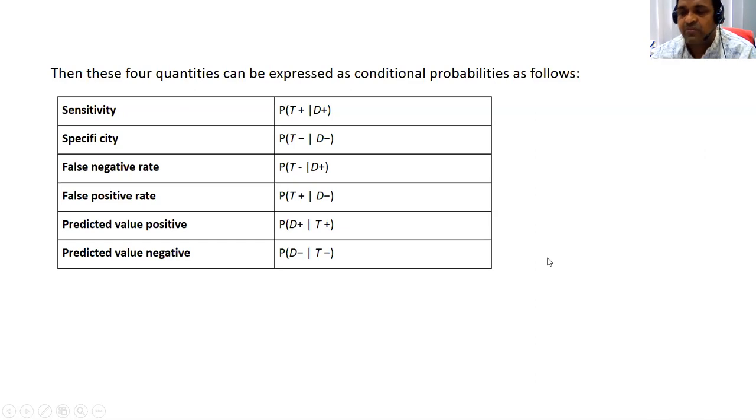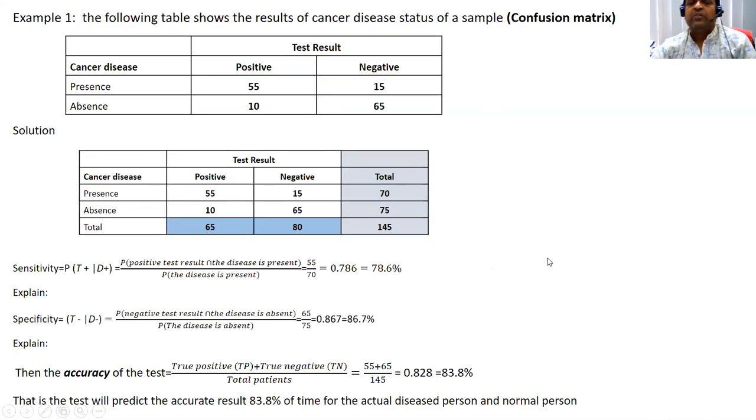It will be easier for us. So this is the example for cancer diagnosis. The test is done for 145 patients. The question is whether somebody has cancer.